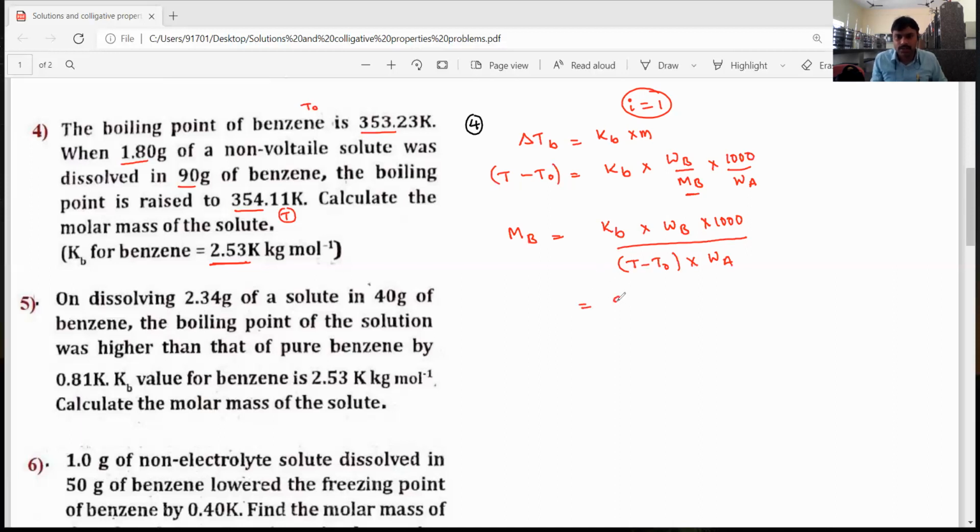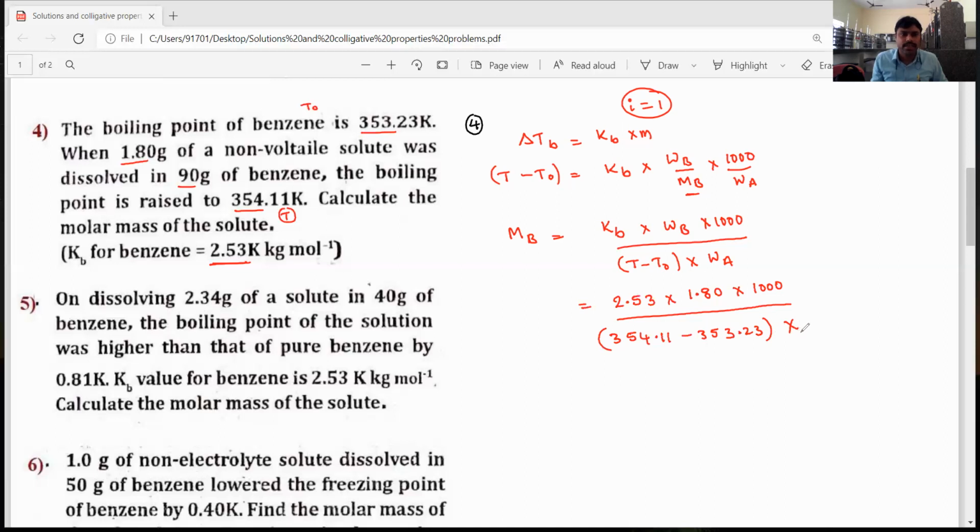Kb is equal to 2.53 as given, and the weight of solute is 1.80 grams, into 1000, divided by delta Tb, which is 354.11 minus 353.23, into the weight of solvent.